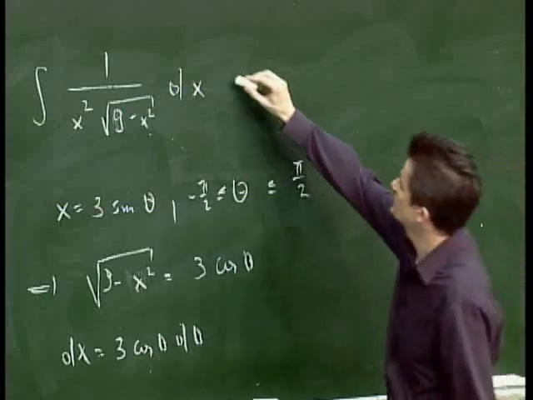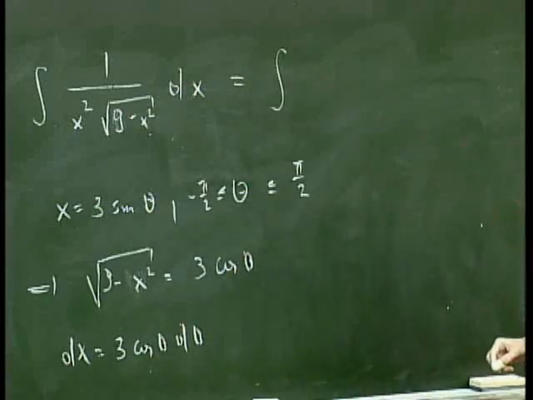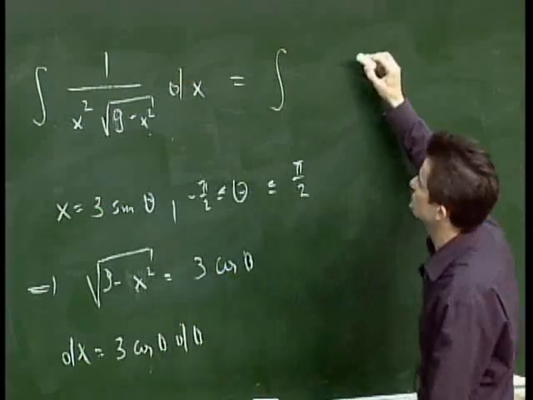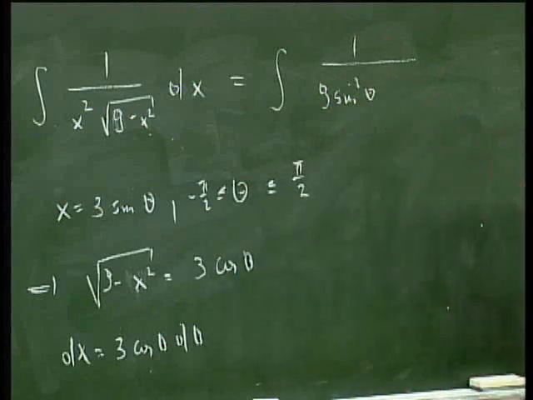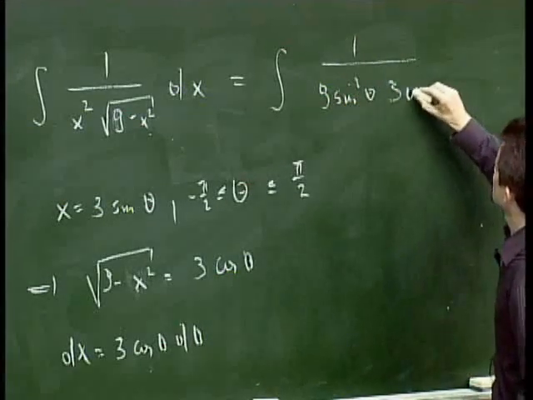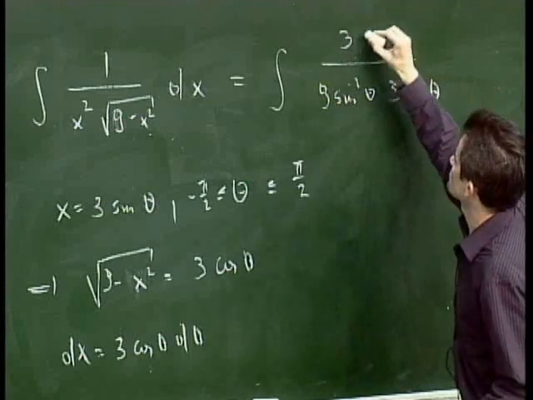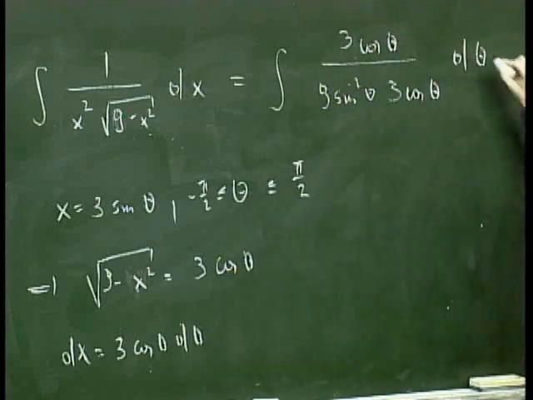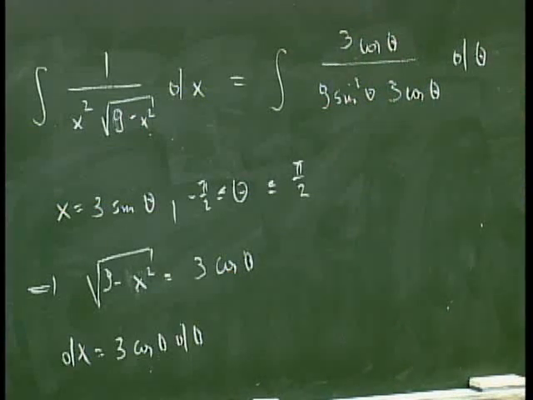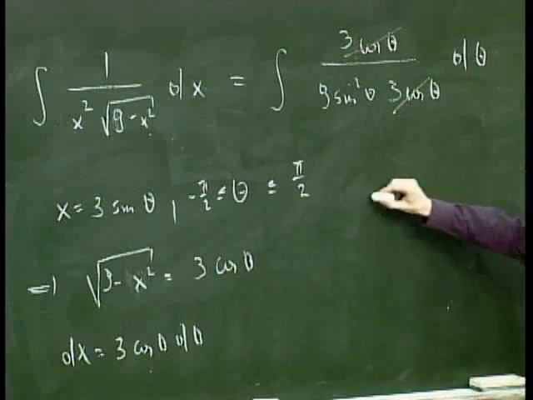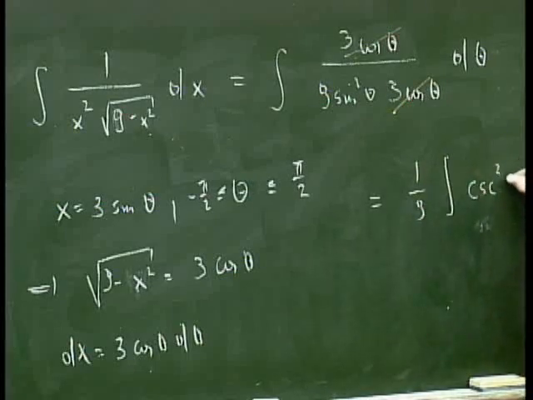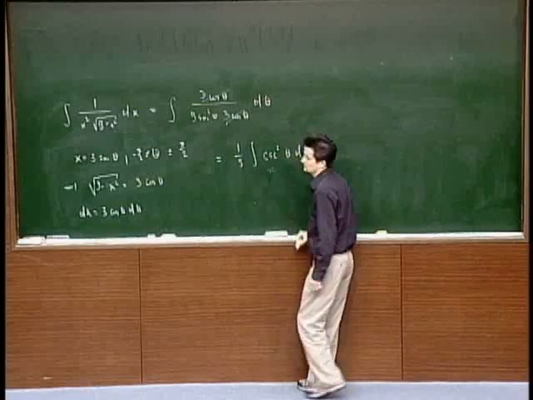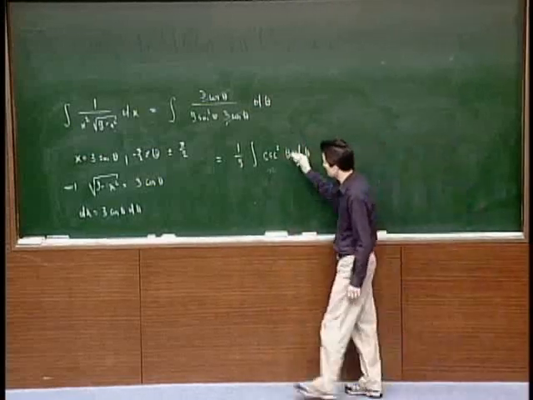So everything becomes the integral of 1 over 9 times sine square of theta, times 3 times cosine of theta, and times 3 times cosine of theta d theta. Now this can be cancelled out, and the rest is easy to compute. The rest is 1 over 9 times the integral of cosecant square of theta d theta, and this is minus the cotangent.